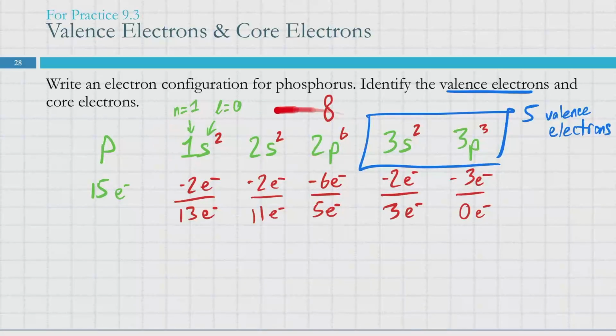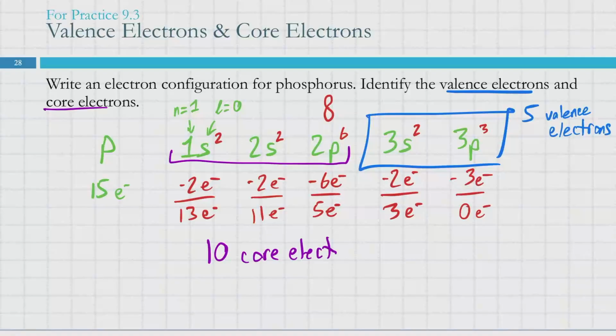The rest of the electrons are going to be our core electrons. So we've got 10 core electrons. Everything in our n equals 1 and n equals 2 shells.